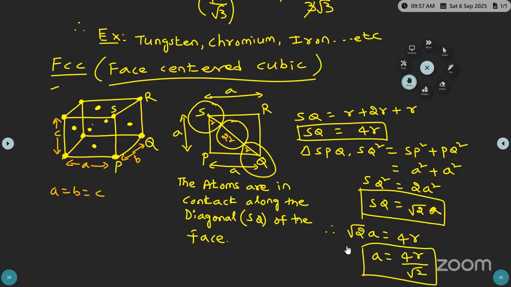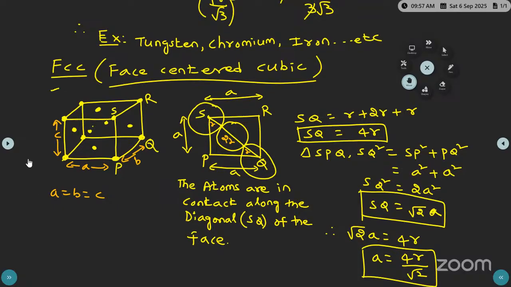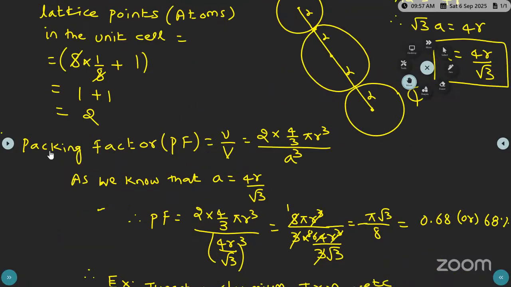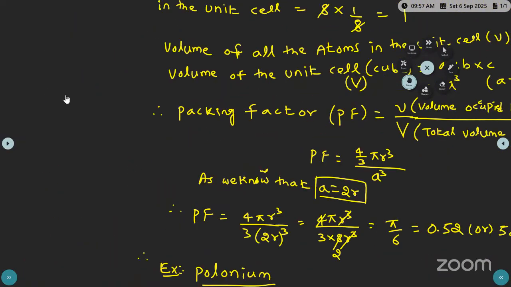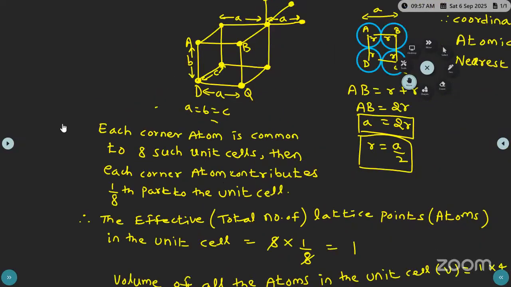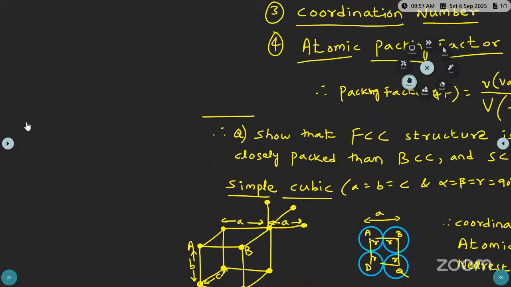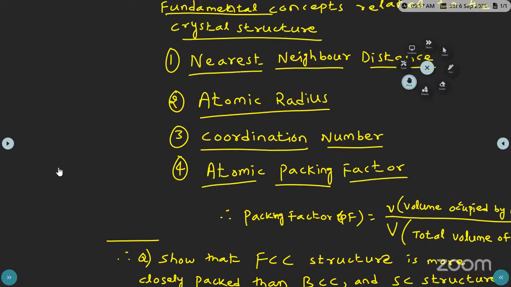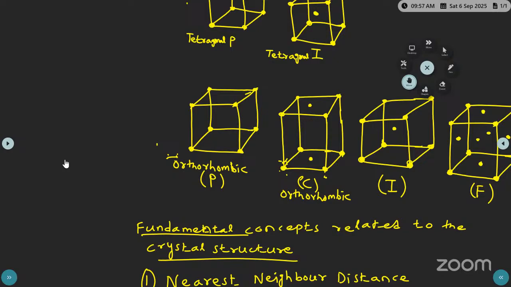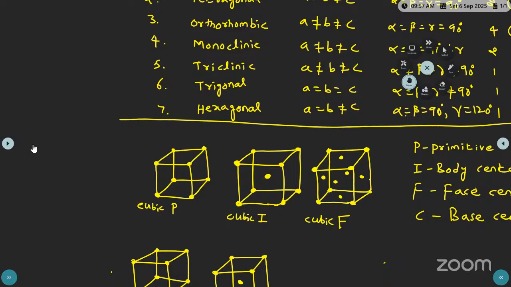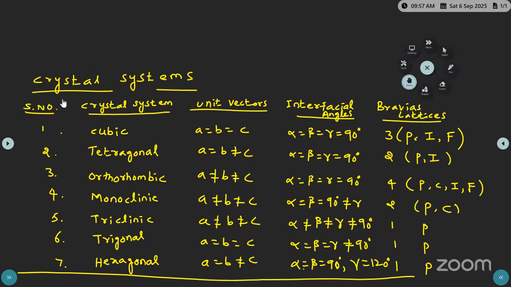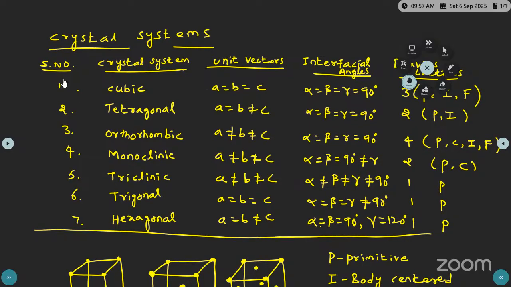So we discussed the 7 types of crystal systems, and the corresponding names are cubic, tetragonal, orthorhombic, monoclinic, triclinic, trigonal, and hexagonal.